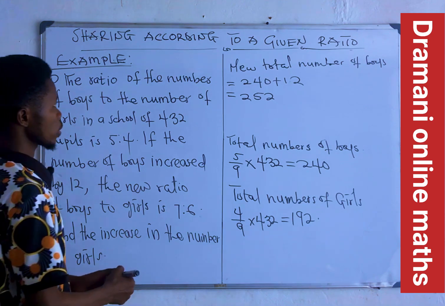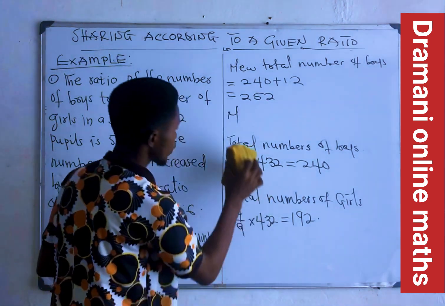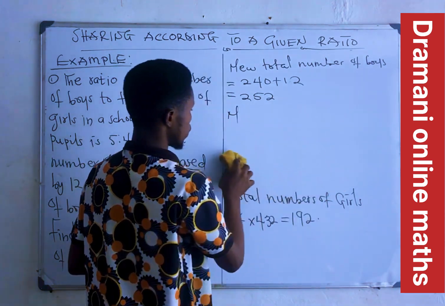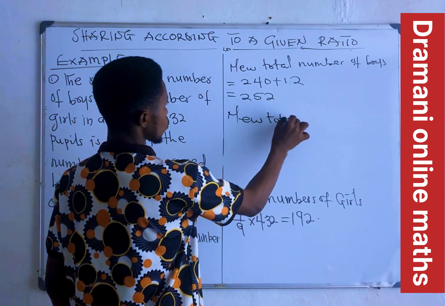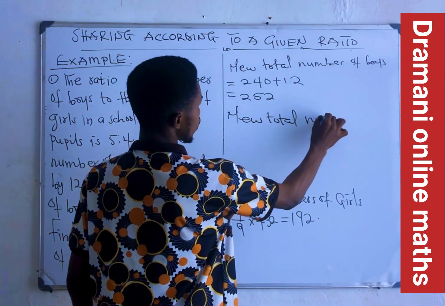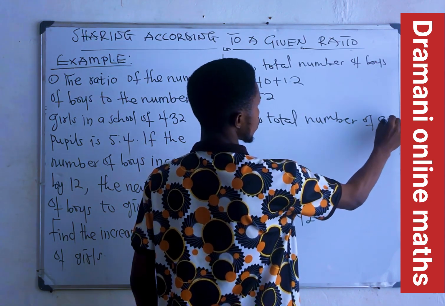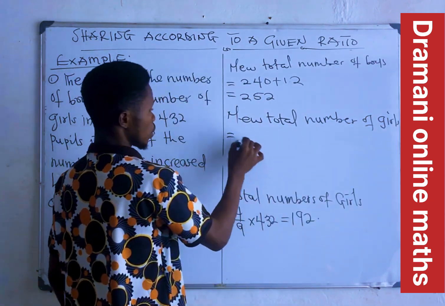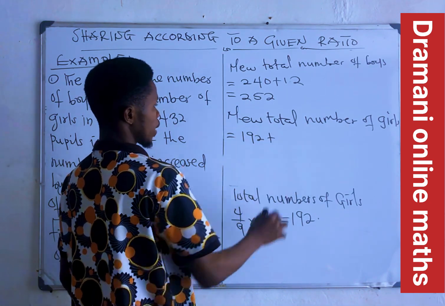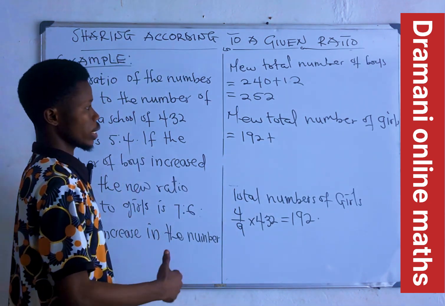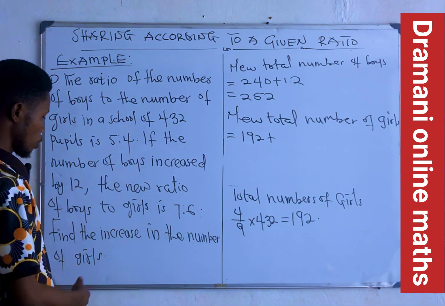You also have to get the total number of girls. Let me clean this side. The total number of girls was 192 plus. Now let X be the increase in the number of girls.